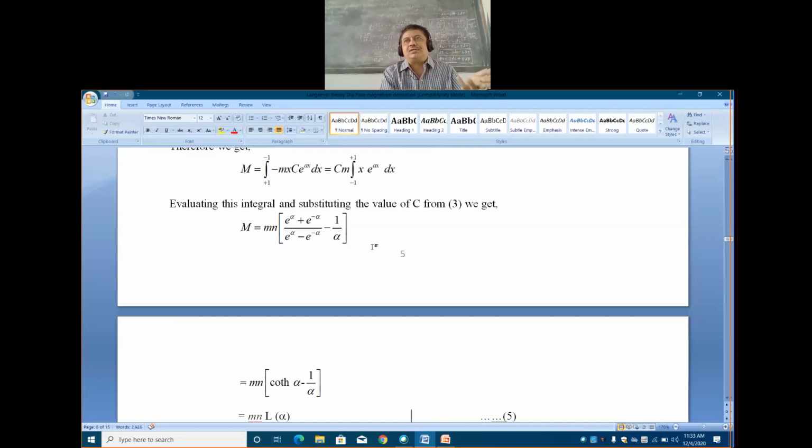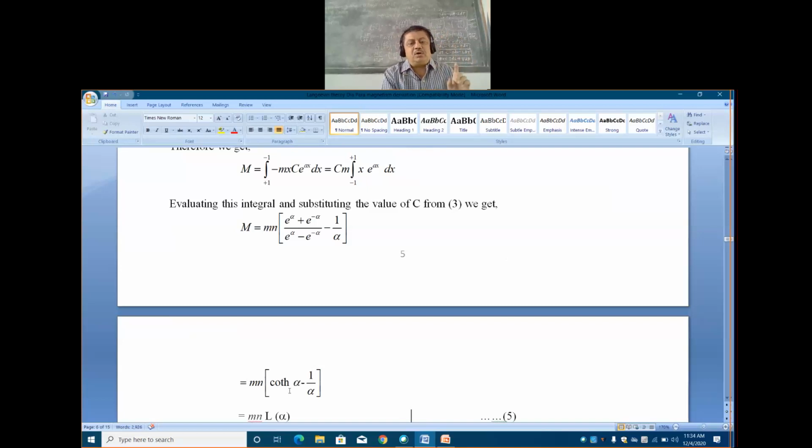Their ratio, cos h alpha divided by sin h alpha, the 2 cancels. So e raised to alpha plus e raised to minus alpha divided by e raised to alpha minus e raised to minus alpha is cos hyperbolic by sin hyperbolic, therefore it is cot hyperbolic.